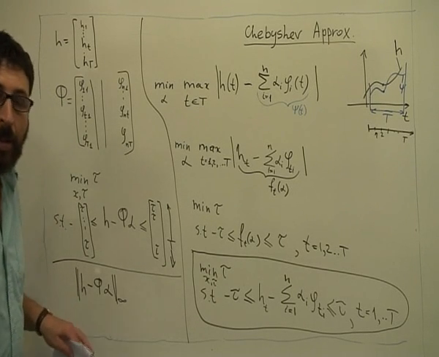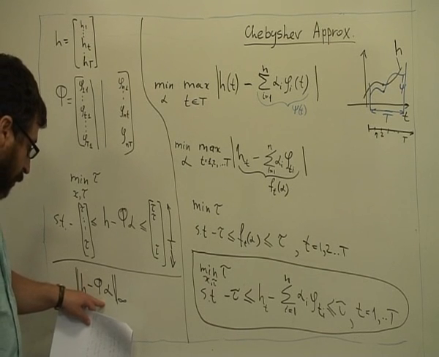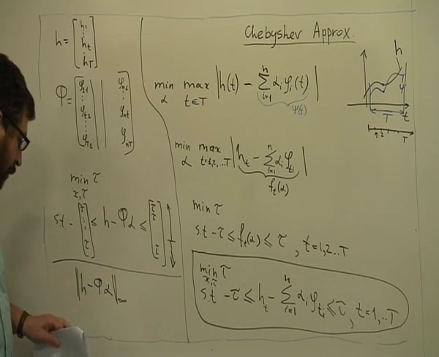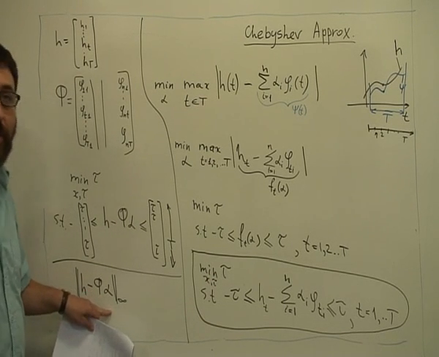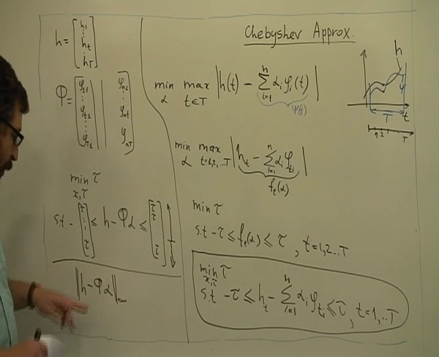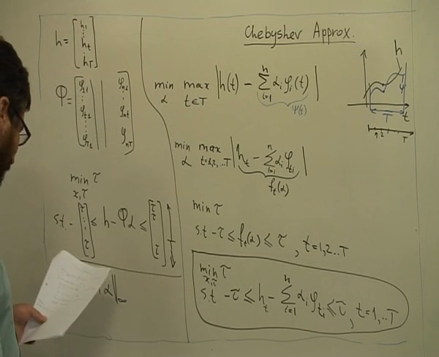Okay, and as I told you, infinity norm is exactly what we need. The maximal absolute value of this vector, of this difference.